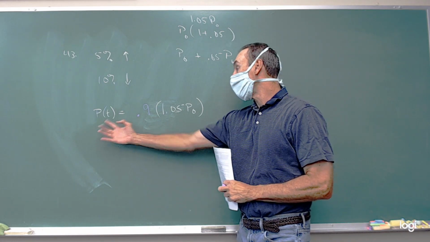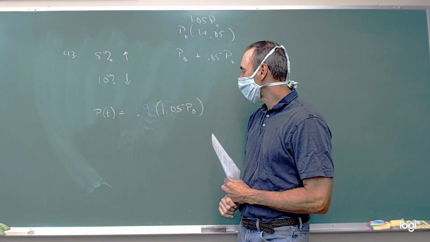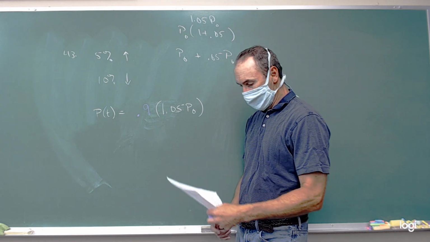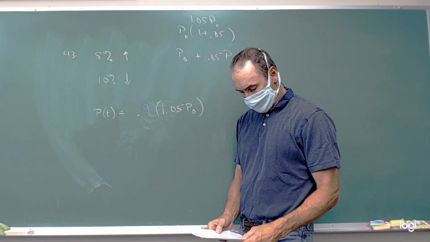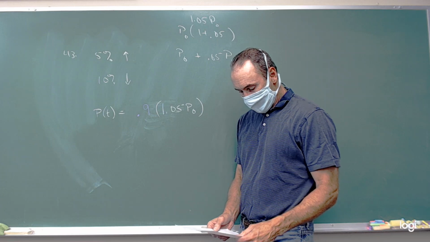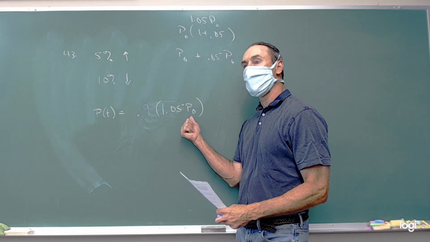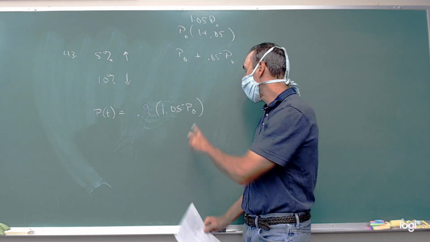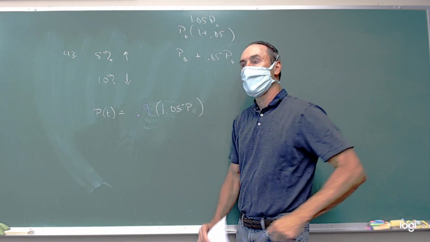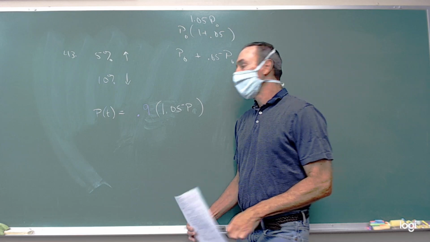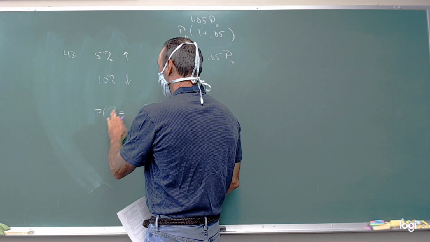So you could leave it like this. This is now our function of time. It's not really a function of time, that's just going to be our price. The problem asks: express the final price as a function of the original price. So if this original price changes, we're going to allow that to change. Could it be f of p? Let's call it f.